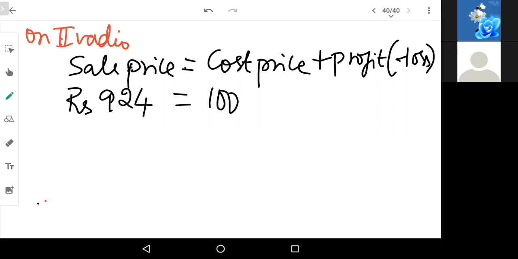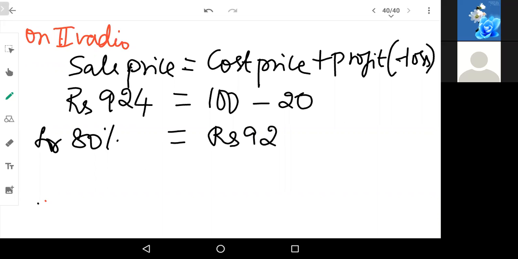Now, we don't have a profit, but we have a loss. How much is the loss? 20%. Correct? So which means for 80% of the amount, the selling price is rupees 924. For 100% of the price, what will be the amount?